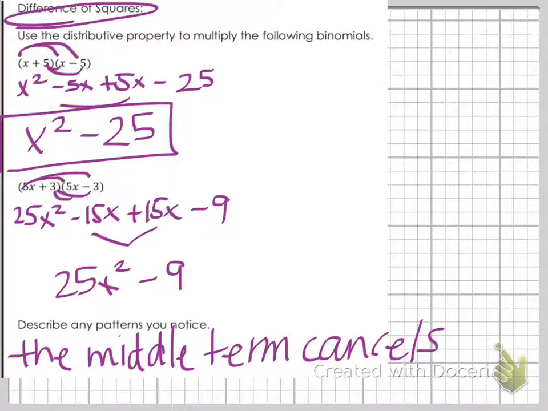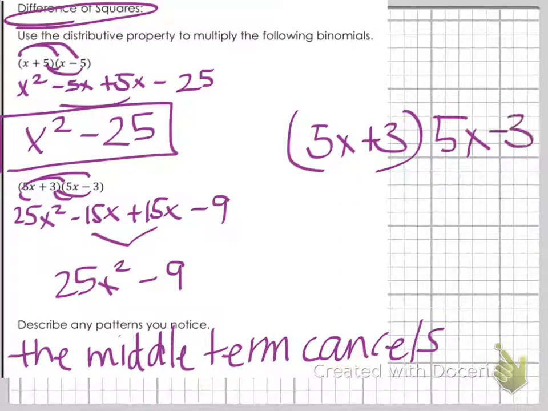As we take a look here, remembering that, again, we have identical first terms in the binomials. If we have the 5x plus 3 example and the 5x minus 3 example, the 5x, the first term in the binomial, is the same.